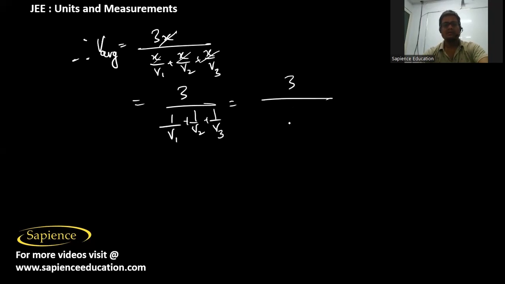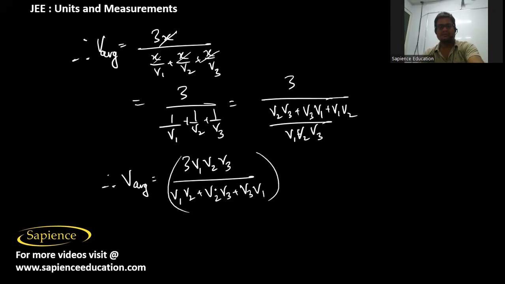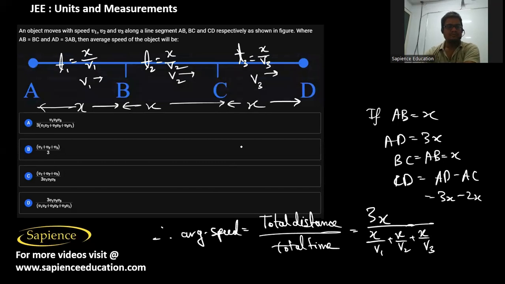If we simplify it, the LCM is v1 v2 v3, and here it will be v2 v3 plus v3 v1 plus v1 v2. So the average speed is equal to 3 v1 v2 v3 by (v1 v2 plus v2 v3 plus v3 v1). So option D is the correct answer.